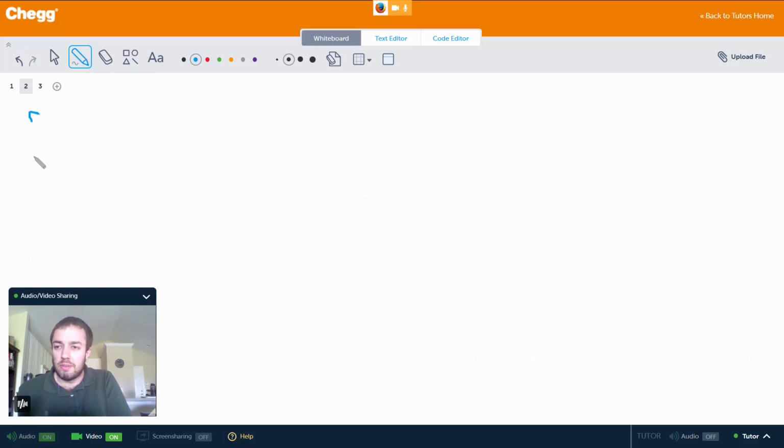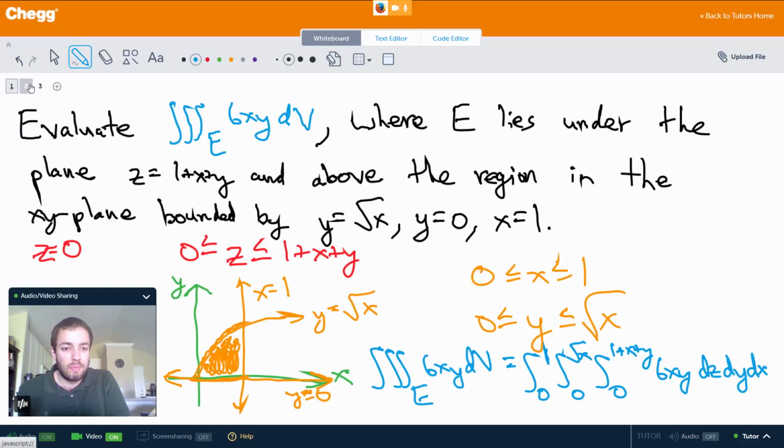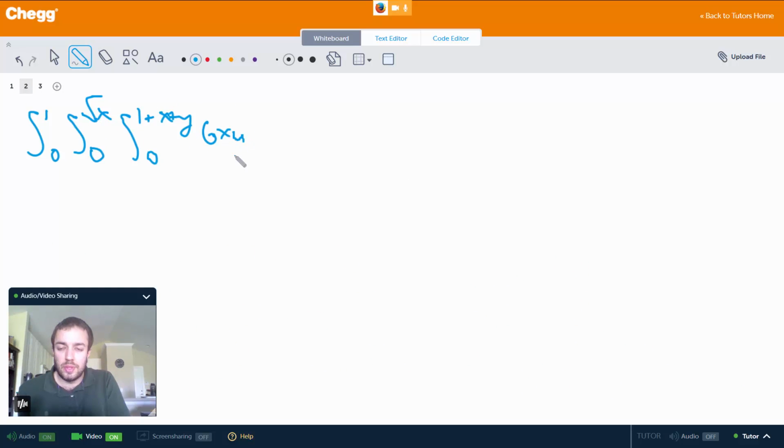So we have the integral from 0 to 1, the integral from 0 to root x, the integral from 0 to 1 plus x plus y of 6xy dz dy dx. From here we just integrate from the inside out. So we still have the integral from 0 to 1, the integral from 0 to root x.